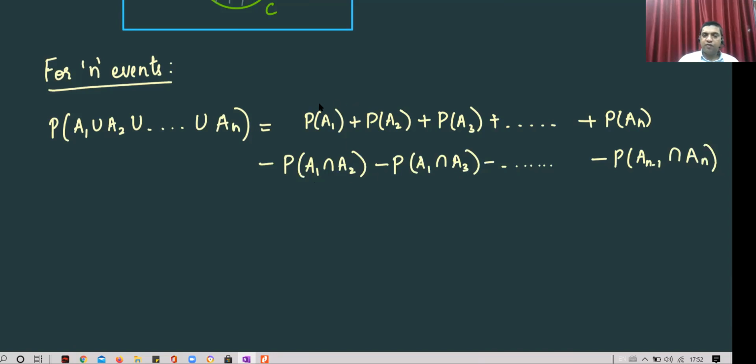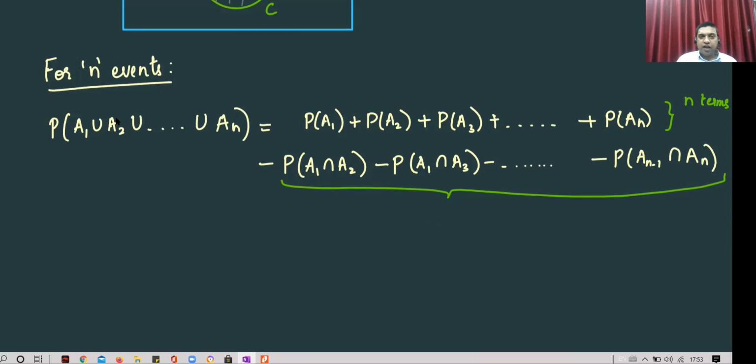How many terms will this have? The first one will have n terms. How many terms will this have? N minus 1?